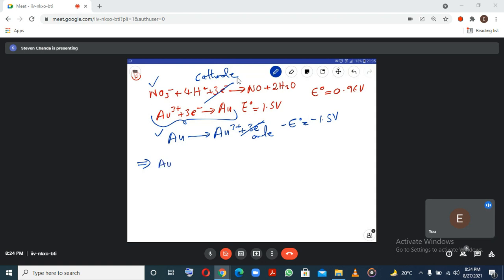Gold solid, then that aqueous. And you've seen that I'm writing state symbols. People lose marks over these things.